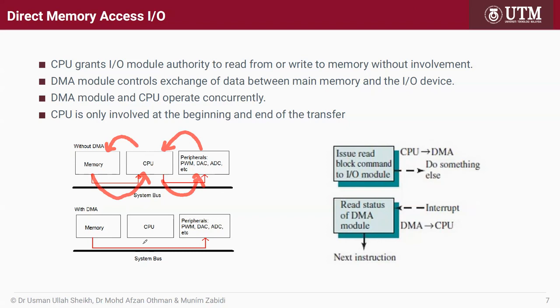So now we have not only the CPU being the master of the bus, but the DMA device or the I/O device becomes a master and does the transfer. So now you have master number one, master number two. In the first case there's only one master, because only the CPU can control the bus.